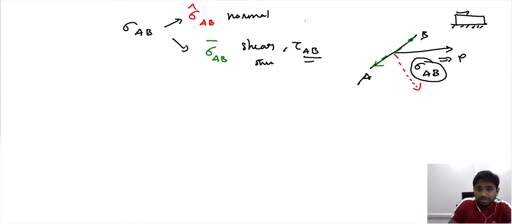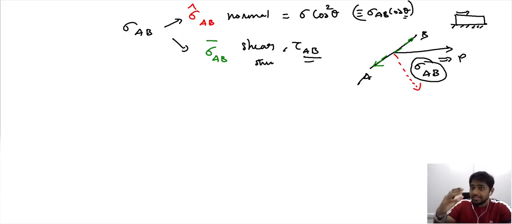The normal to the inclined plane, we estimate it by sigma cos square theta, or this is equivalent to sigma AB cos theta, wherein theta is the inclination of the normal to that of the loading direction, or theta is also the inclination of our desired plane with respect to the plane that is perpendicular to the loading direction.